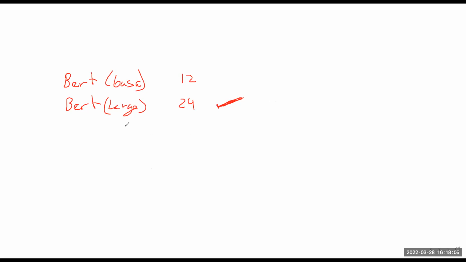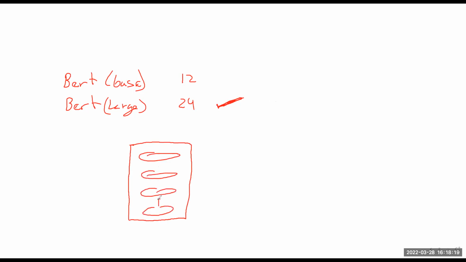So this is BERT like that. Now that we know that BERT is just the encoder, it's got all the encoding layers. If you refer back to that lecture we did on transformers, an encoder layer has what?